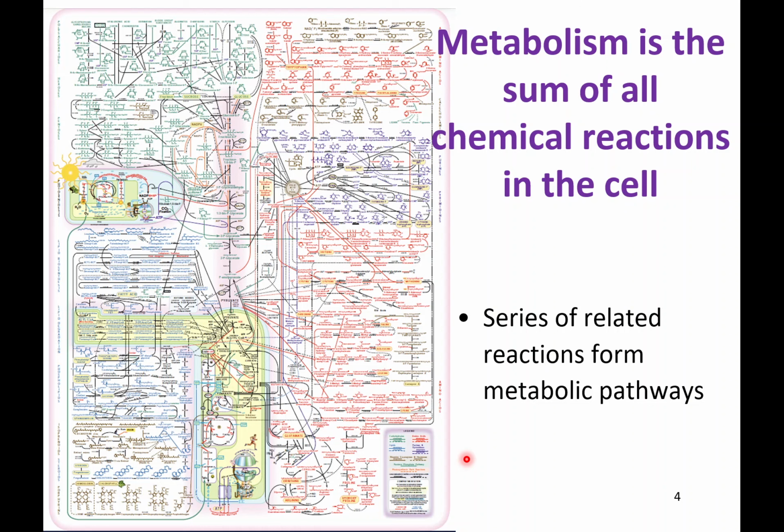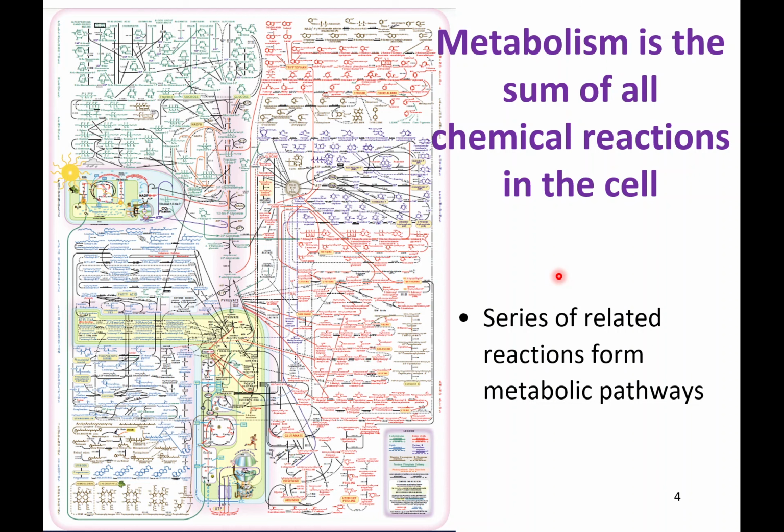They're just sort of thought to occur. They might have found that reaction in, let's say, yeast, and then they just assume that it occurs in humans. But some of them are really unproven. So even in this day and age, that just goes to show you how complex metabolism is.